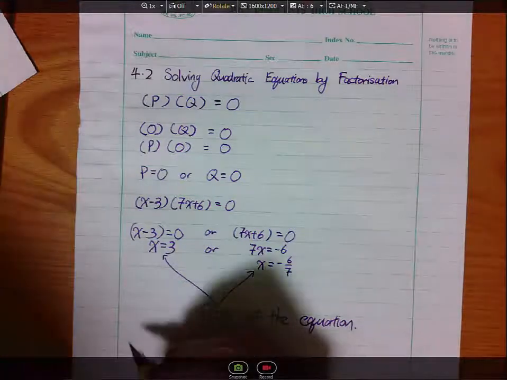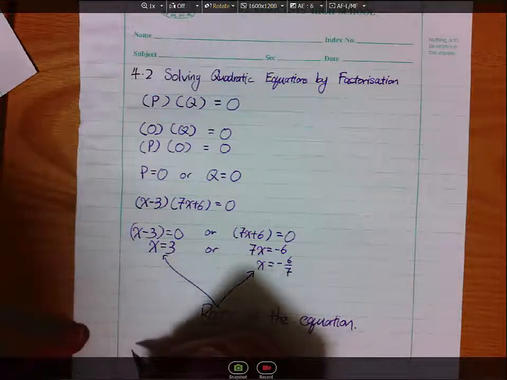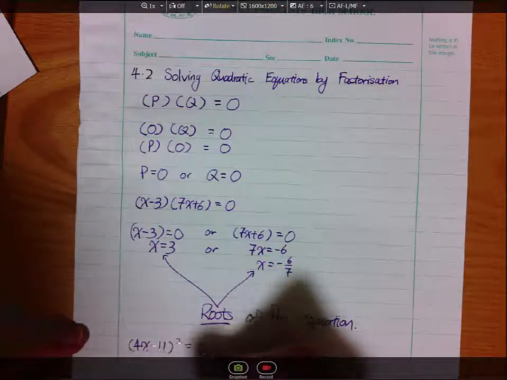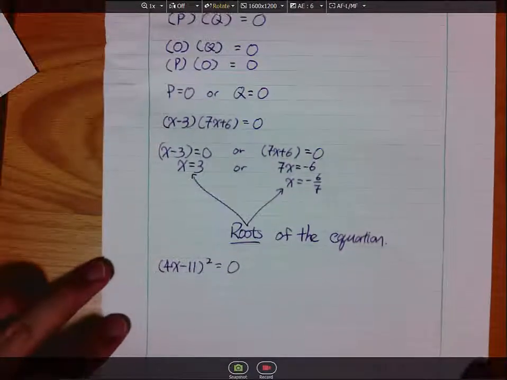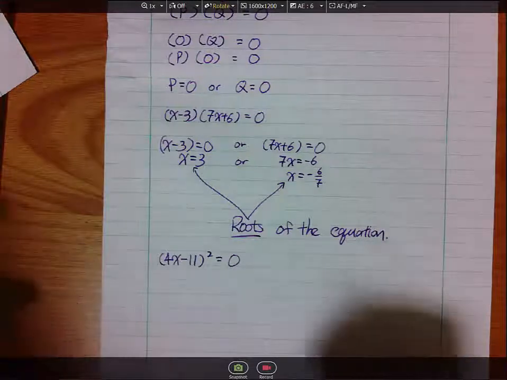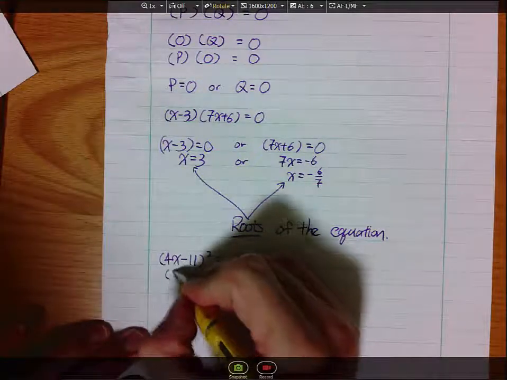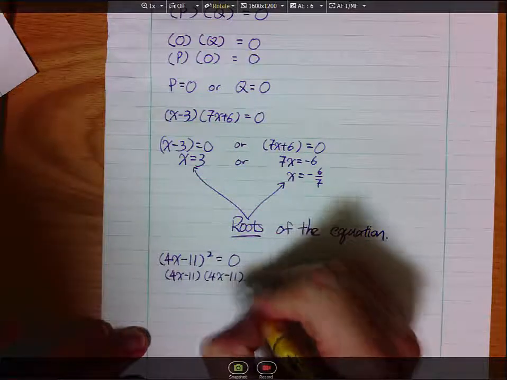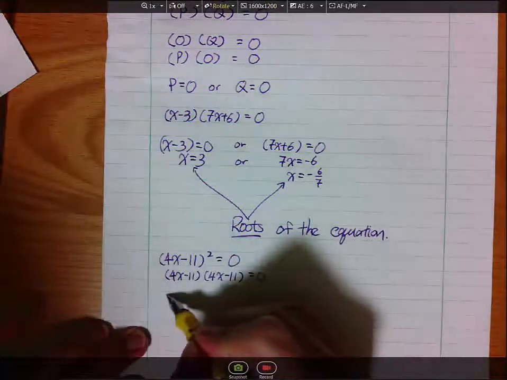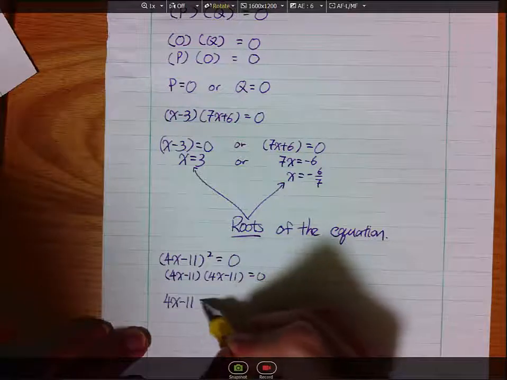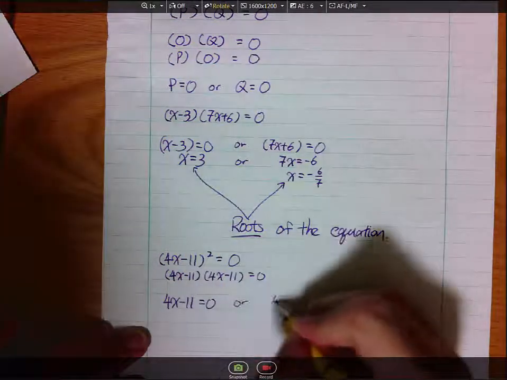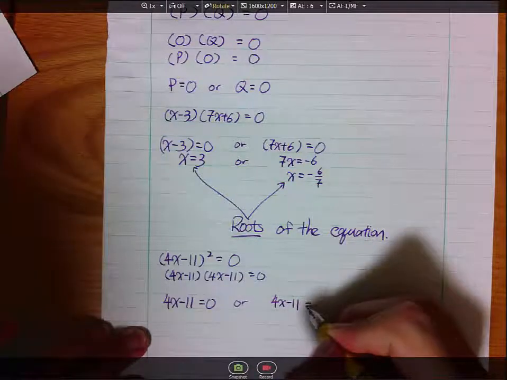I'll give you another example now. For example, if I have (4x minus 11) squared is equal to 0, like this. How do we solve this? It's quite similar. It's as if (4x minus 11) times (4x minus 11) is 0. It's like p equals 0, or 4x minus 11 is equal to 0.